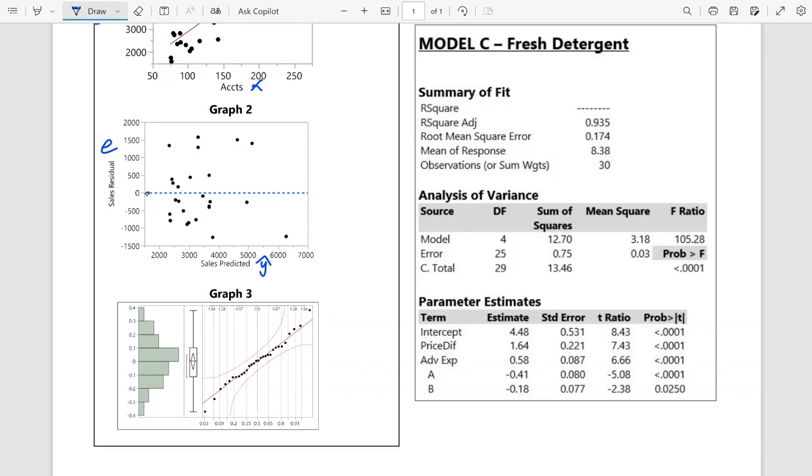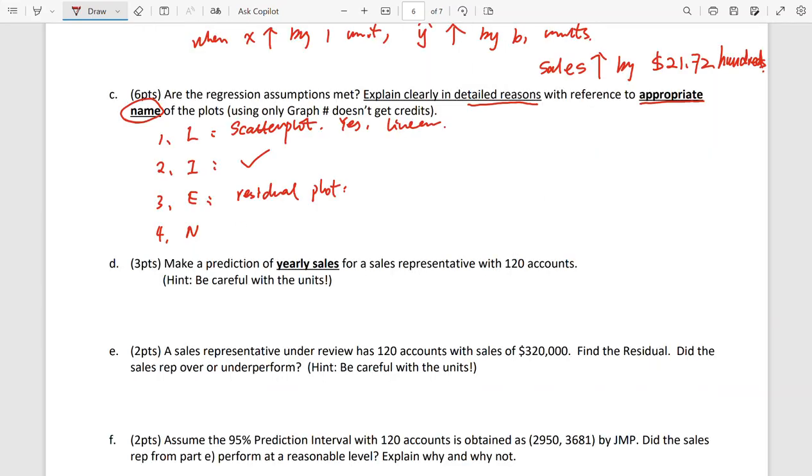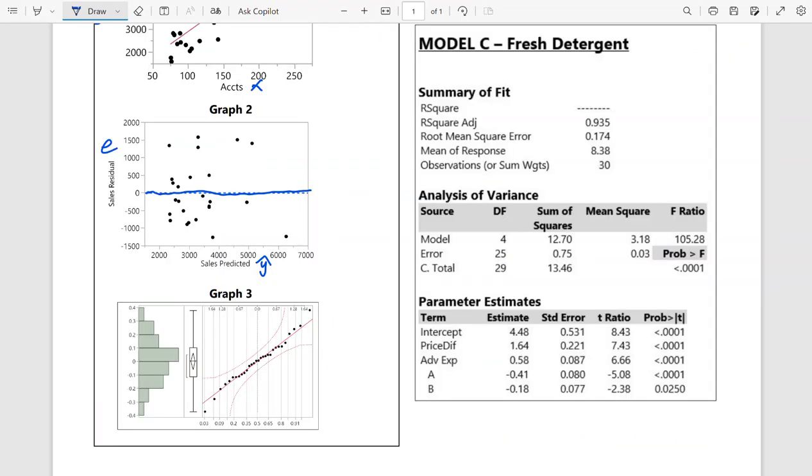And then we want to check whether the residuals are equally distributed around the 0 line. So is this true? Yes, right? So equally distributed, all right? Last one, normality assumption, right? So which one? Graph 3, right? So then what is the name of this graph 3?